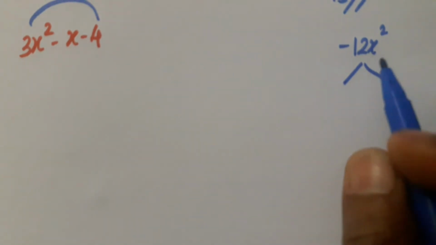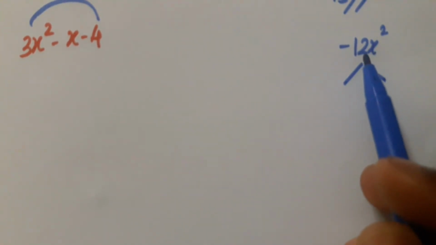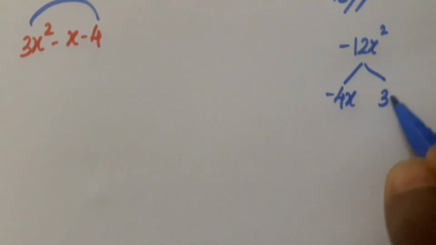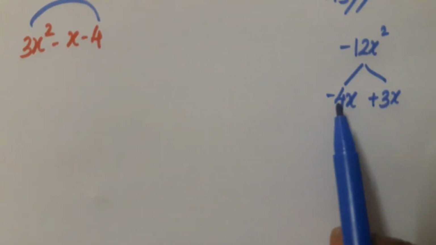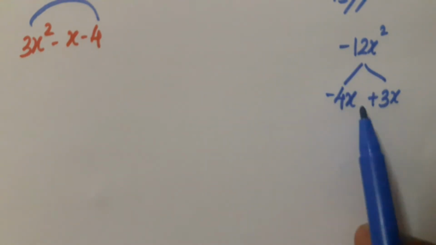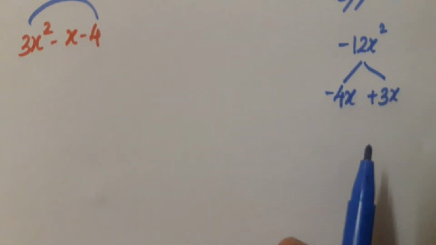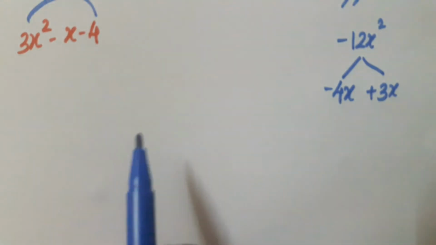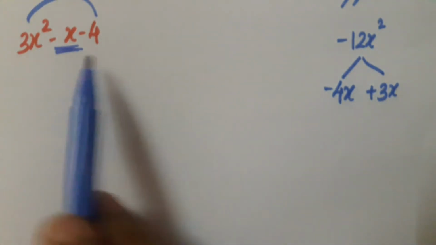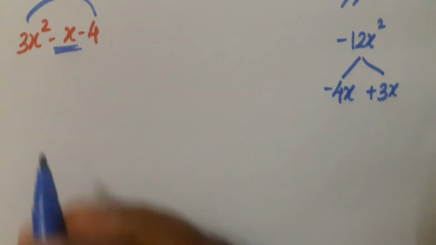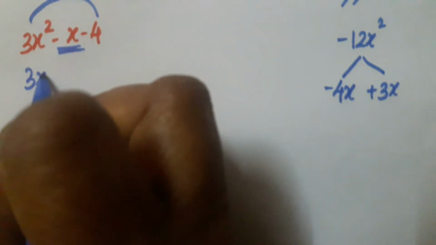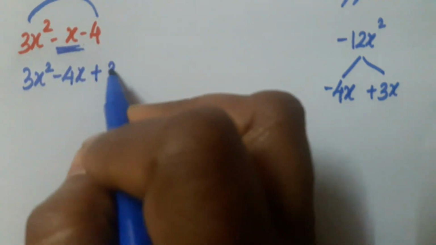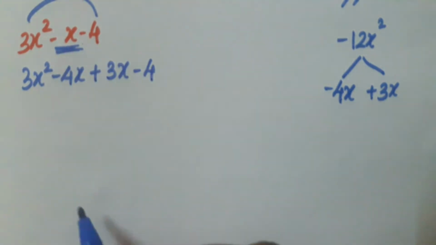So the two numbers, when we multiply, we need to get minus 12x square, that is minus 4x and plus 3x, because minus into plus is minus, 4x into 3x gives 12x square, right, and minus 4x plus 3x gives minus x. So we are going to replace these two numbers in place of minus x. So let me write 3x square as it is, minus 4x plus 3x minus 4, right?